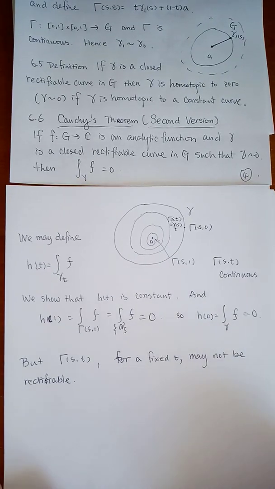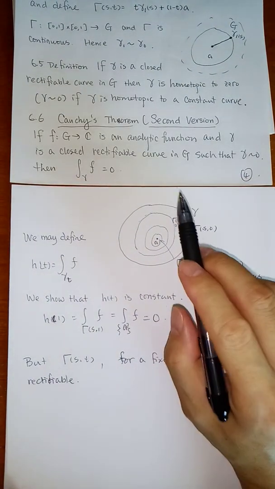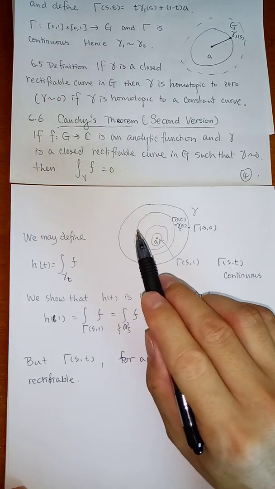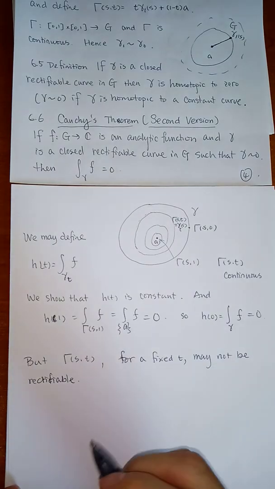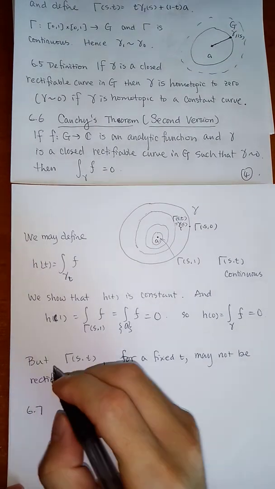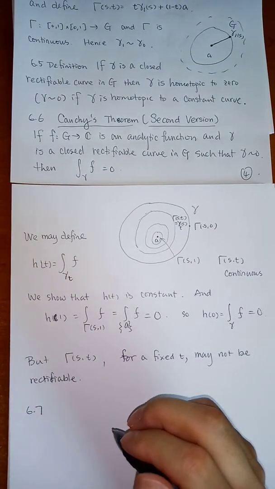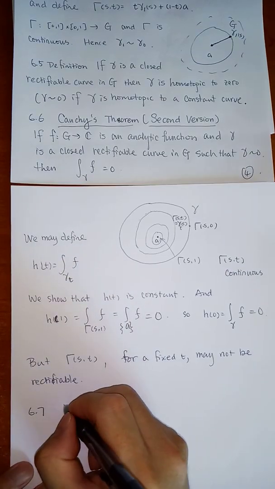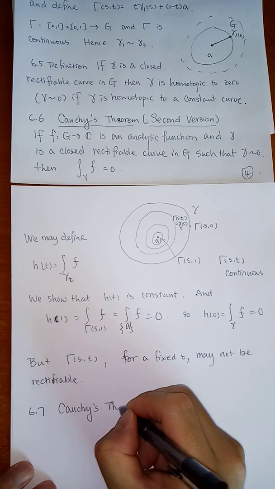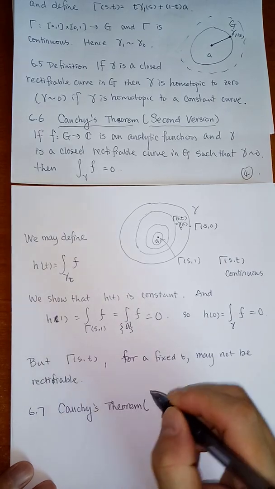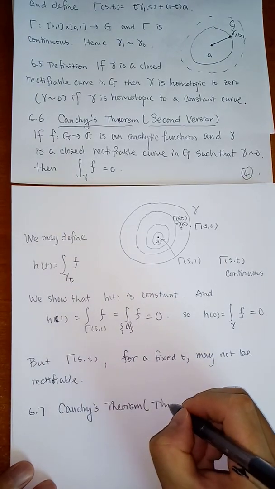And also, we don't just prove this Cauchy theorem for the curves homotopic to zero. We are going to prove an even more general version of the Cauchy theorem. This is called the third version.